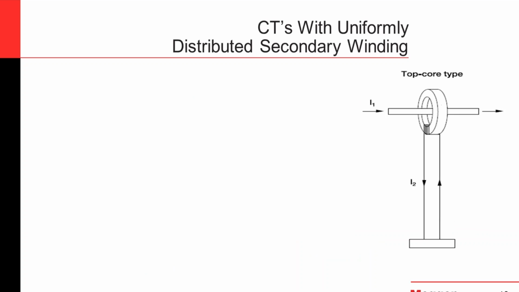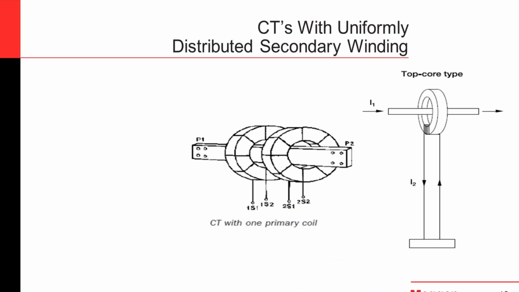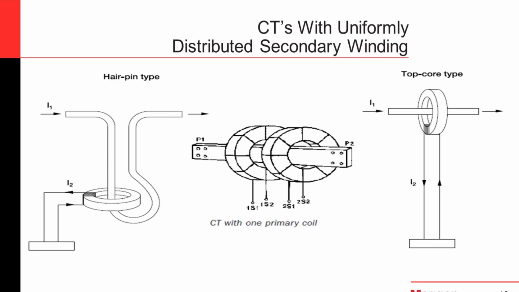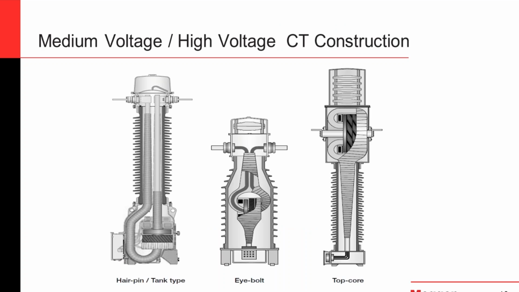So we are talking about the different types of CTs. One I mentioned is the window type. The other one is a bar type CT. Now, on the medium to high voltage section, you have different types. One is called a top core type.